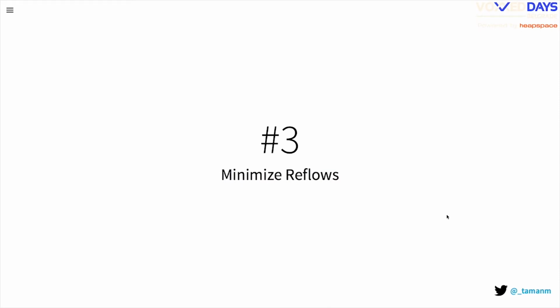Minimize reflow. The most tricky word I always told you about: reflow. What does it mean? On your browser or even your device, you can enable something like show me page fragments. So you can see where the UI is redrawing too much, which is very aggressive for your GPU and causes performance issues when showing content.